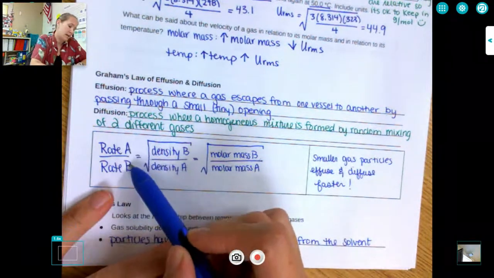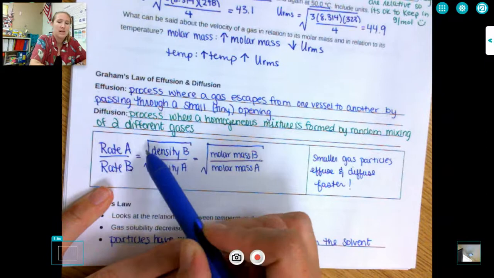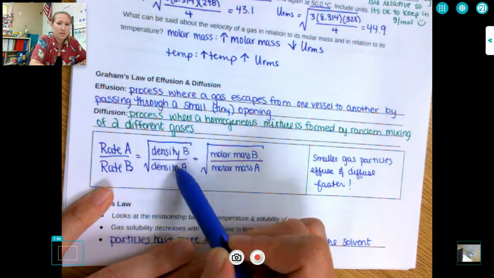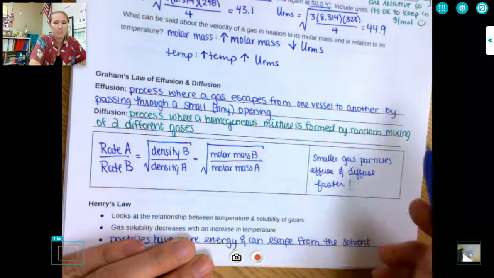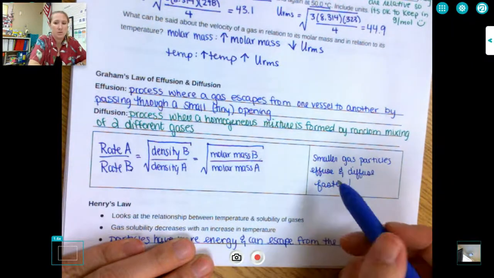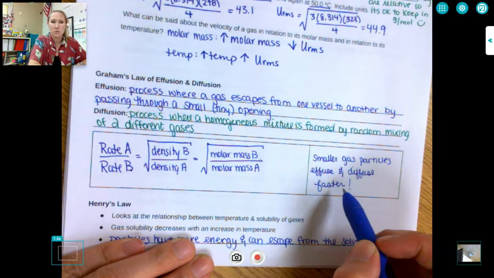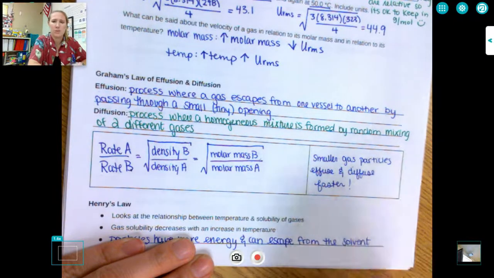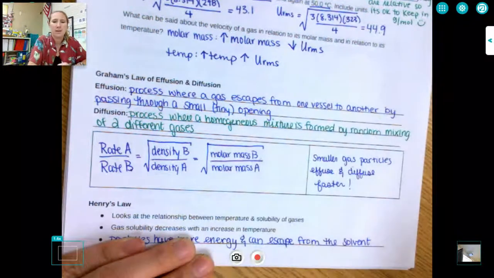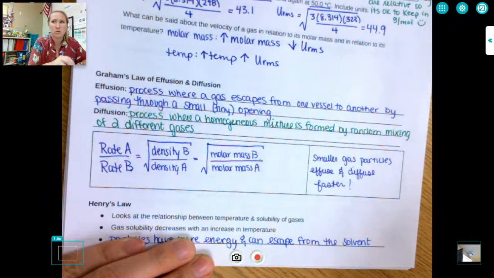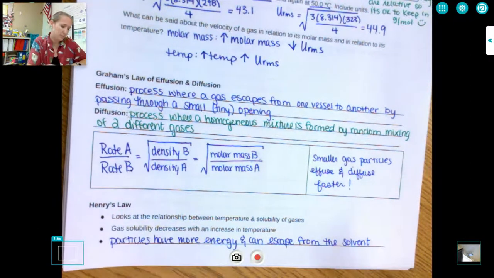And we can see that here by looking at our rate of the two is proportional to the inverse of the square root of its density or the square root of its molar mass. And we can see that smaller gas particles are going to effuse and diffuse faster. We'll do a couple calculations here. But again, similar to up here, you're probably going to be asked, here are two molecules or two gases, which one diffuses faster? Well, the one that's smaller in terms of its molar mass or the one that's less dense.